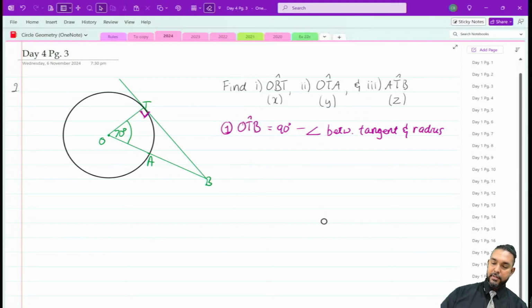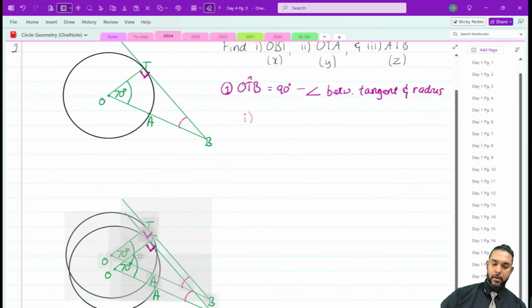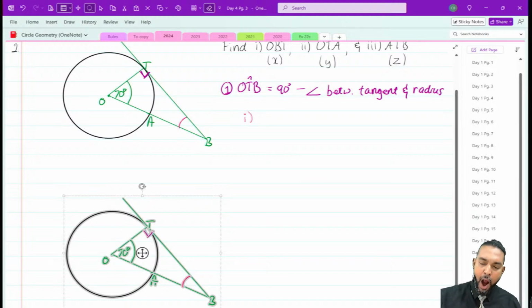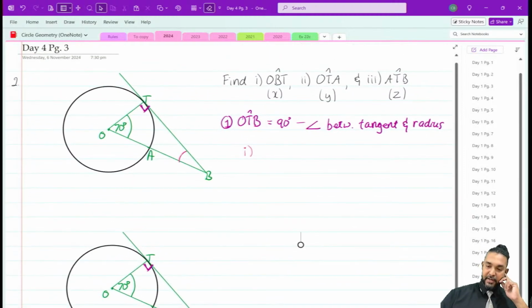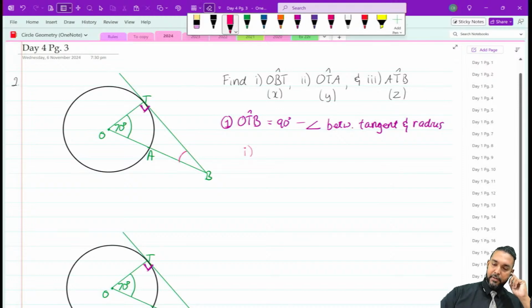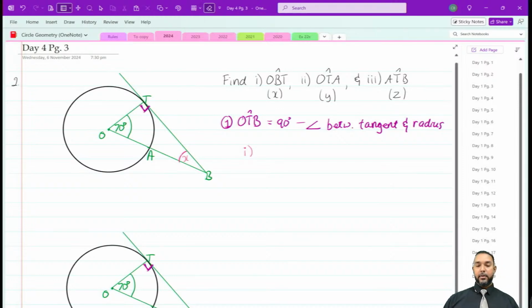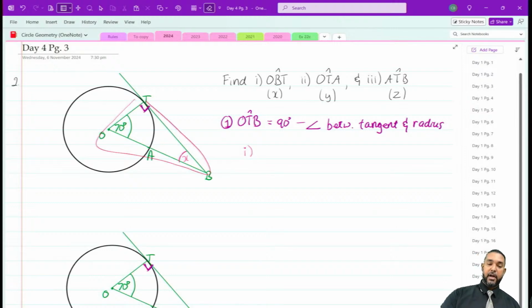Okay, so let's talk about item 1. OBT. So OBT is that angle there. Right, so to find this angle, which we call X, how will we go about doing that? Anybody? Right, so X exists in the right angle triangle, and the sum of the angles in a triangle is 180, right?